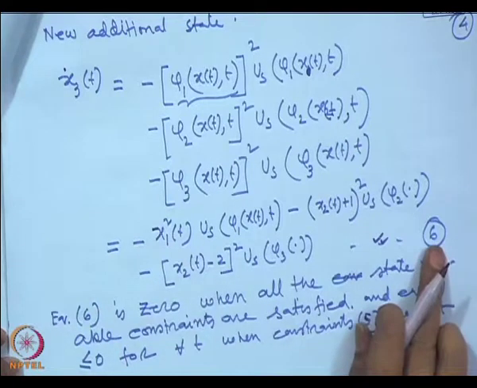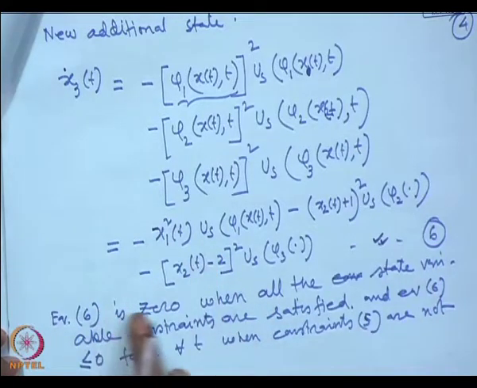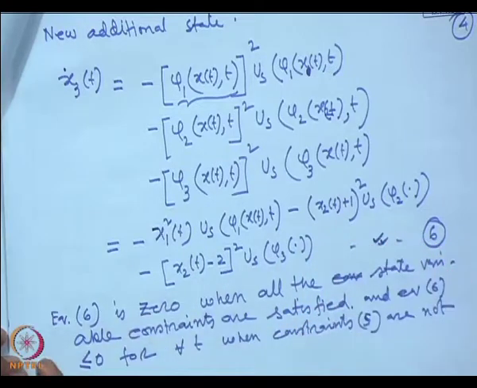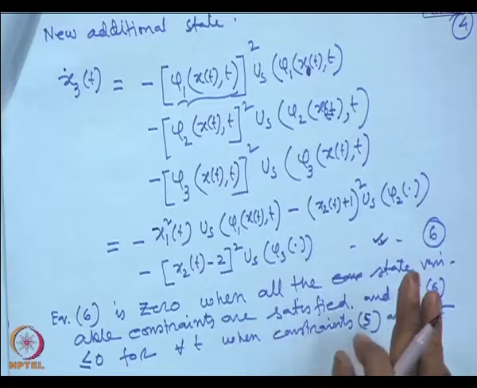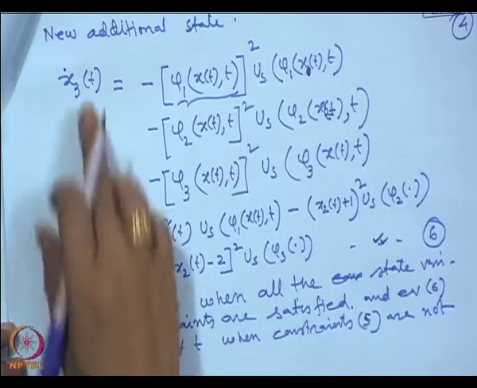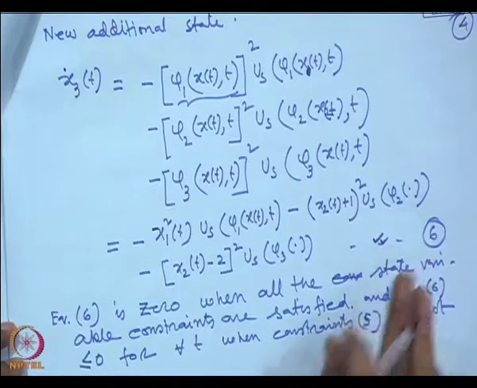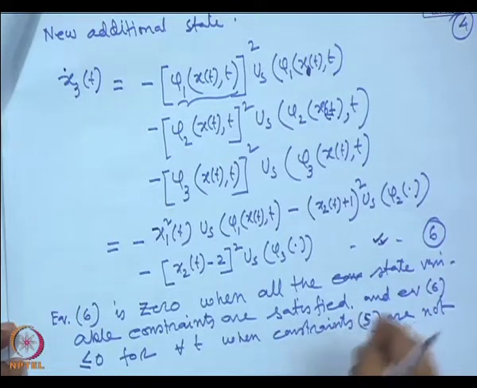If you see, equation 3 is 0 when all the constraints specified here for x 1, x 2 are satisfied, then the right hand side of this equation will be 0.